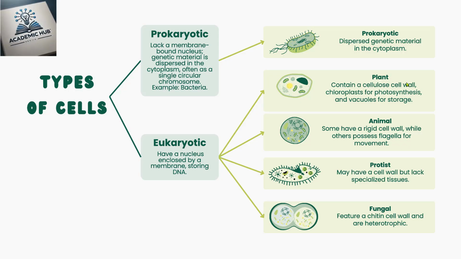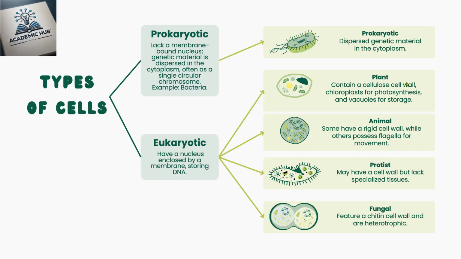Prokaryotic cells, as we know, are the most basic and primitive type of cells, characterized by the absence of a membrane-bound nucleus. This means there is no nucleus in which the DNA or genetic component exists.